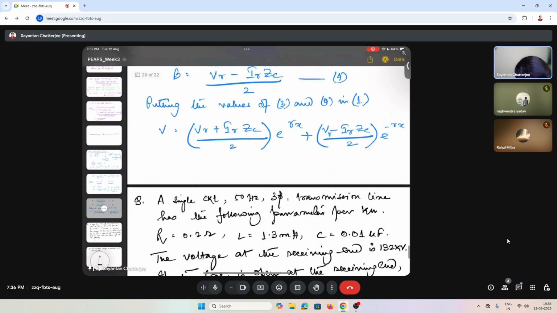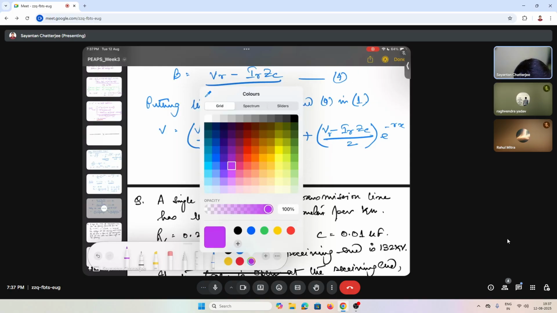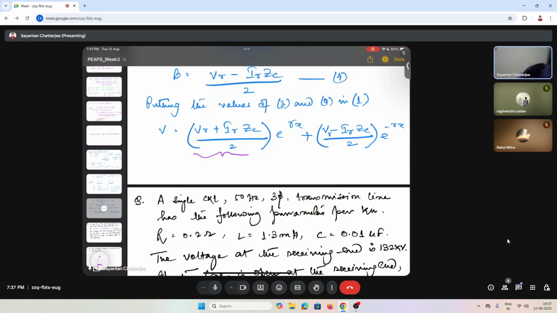Okay, so this term I forgot to mention. This is the incident voltage, and this is called the reflected voltage.